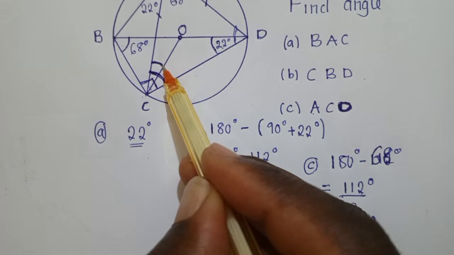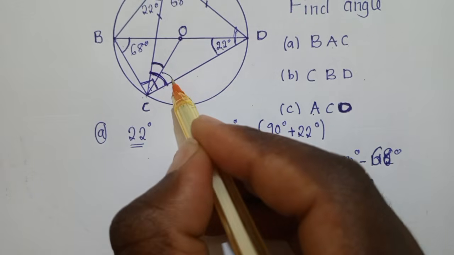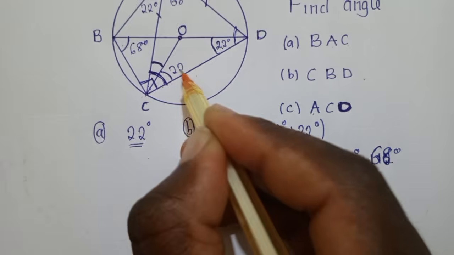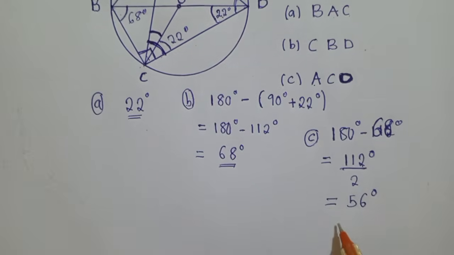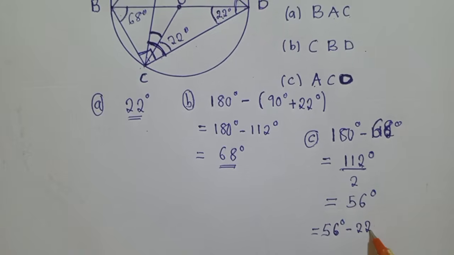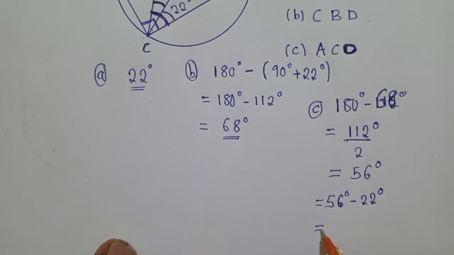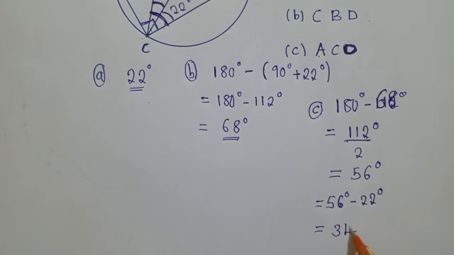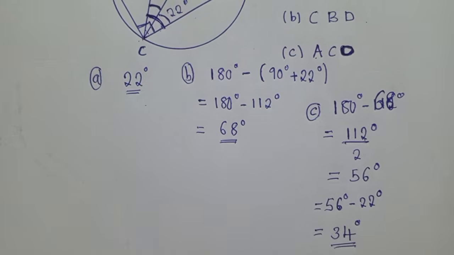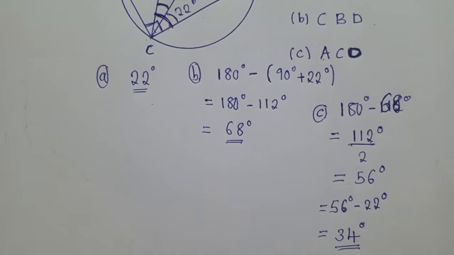Now I want this part. I know that this small angle here is 22 degrees. So I'll just say 56 minus 22 degrees. And this, of course, is giving me 34 degrees. This is my answer. Or this is how we are supposed to answer this question.